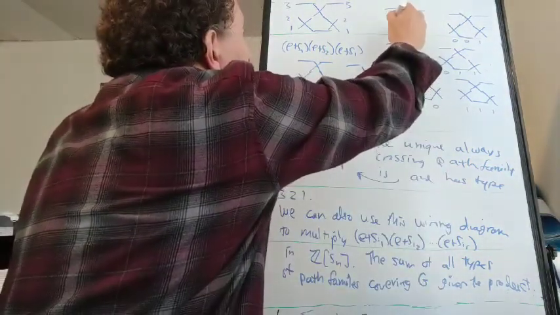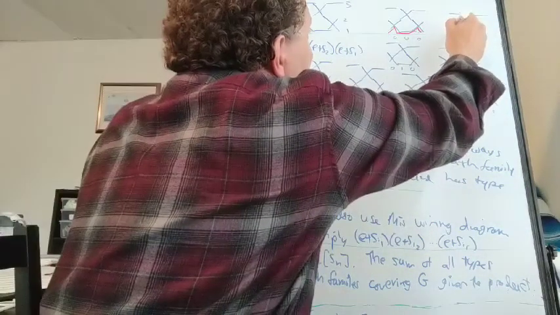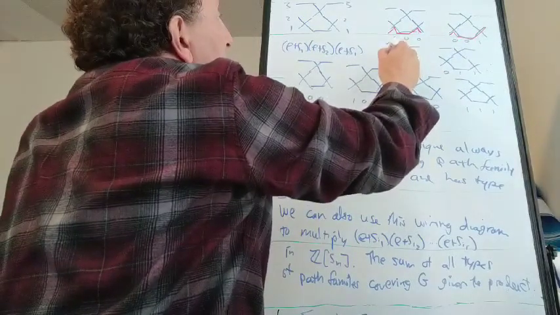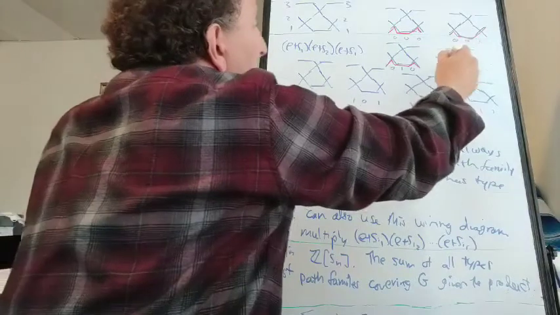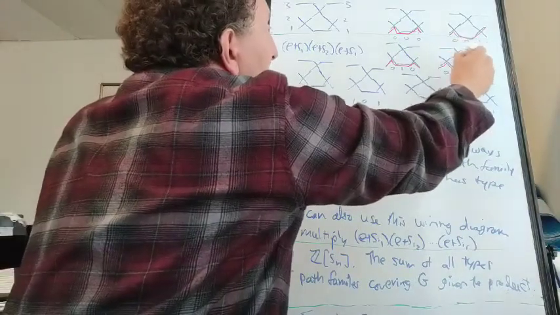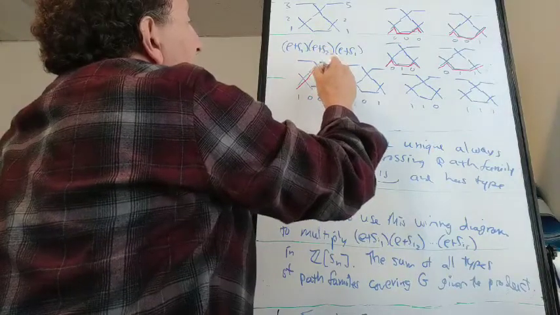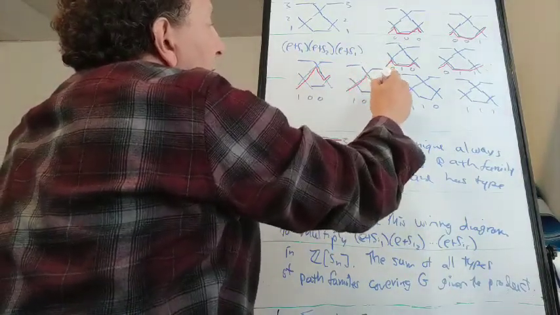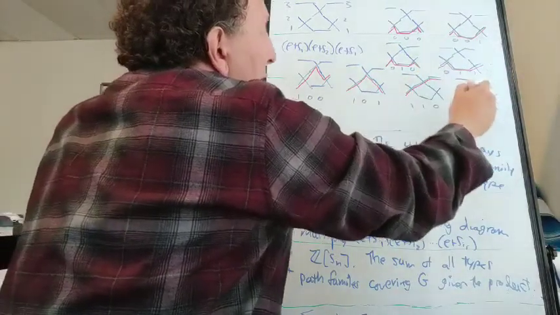All right, so no cross, no cross, no cross gives us a path of type identity.